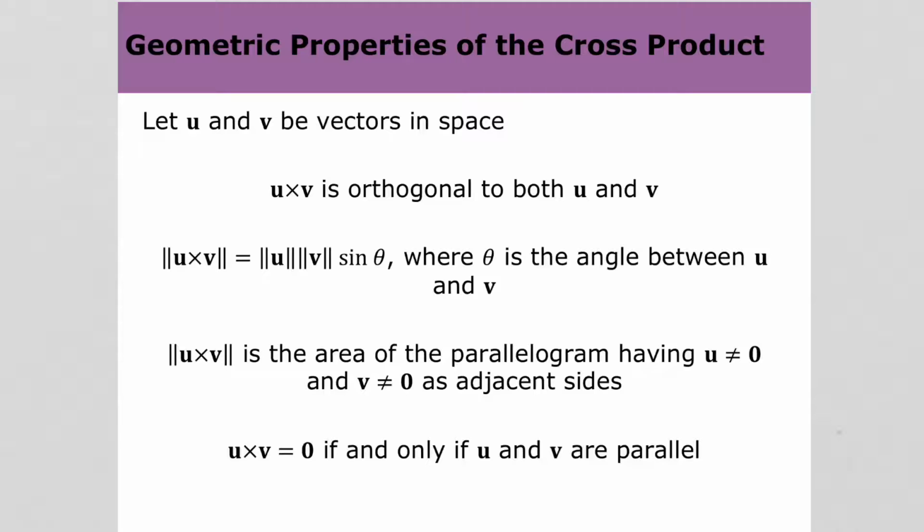Also, the magnitude of u cross v is the area of the parallelogram having u and v as adjacent sides. So that's interesting. And then if u cross v is 0, then u and v are parallel.